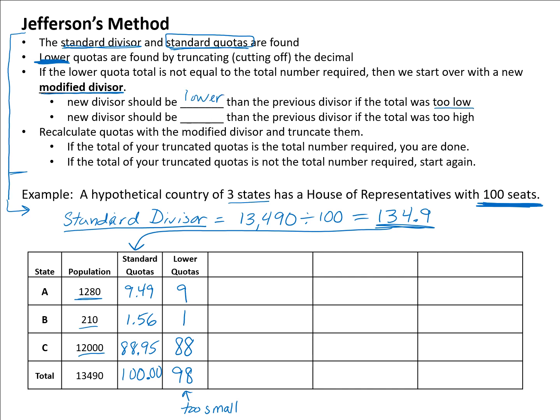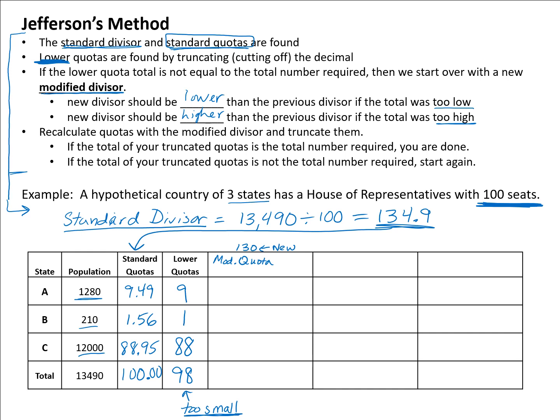The modified divisor should be higher than the previous divisor if the total was too high. Now my total was too small or too low, so I should go lower. Right now I've got 134.9, so why don't we take that down to 130? So we're going to create modified quotas by dividing by 130 as our new divisor.